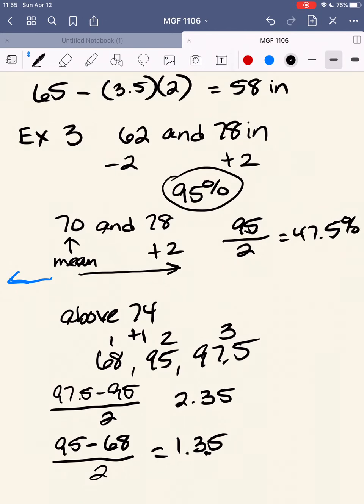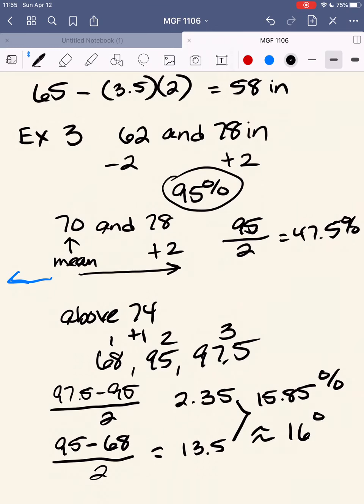I've got to watch my math. Let's fix that. 13.5. When I add them together, I get 15.85, which is a percent, because remember I divided a bunch of percents, which rounds up to 16%. So about 16% of my men are going to be above 74 inches.